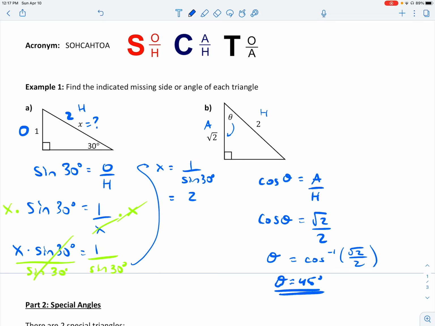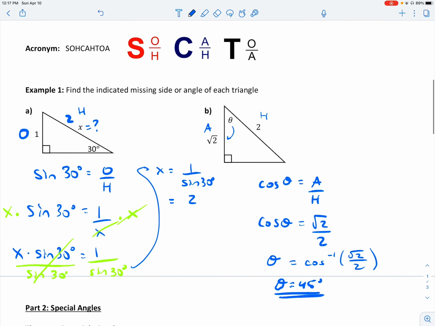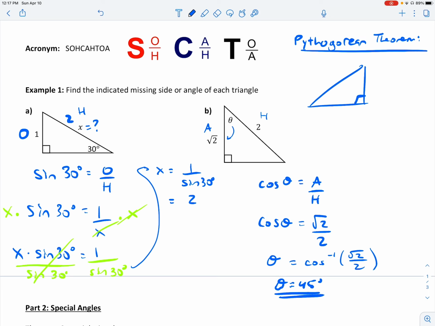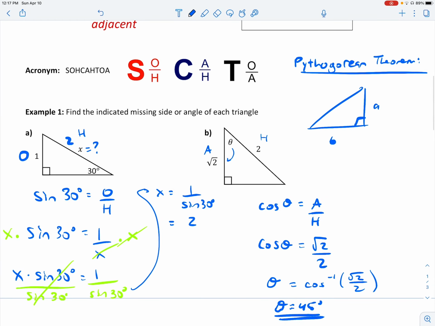One other rule I want to talk about for right angle triangles, and that's Pythagorean theorem. Okay, and I know we've used this a lot and you probably remember it. And it just means if you have a right angle triangle, let's say we have side lengths A, B, and C, and it is a right angle.